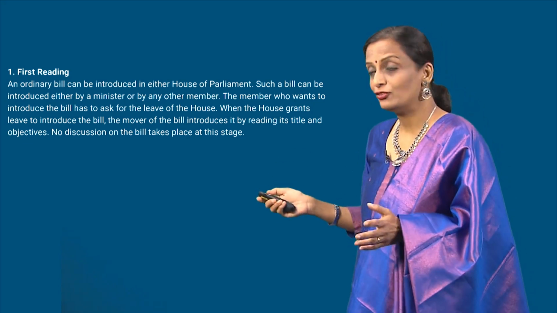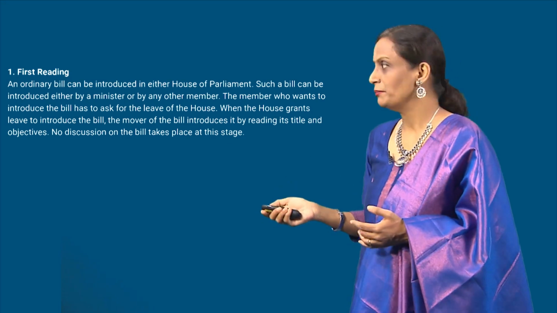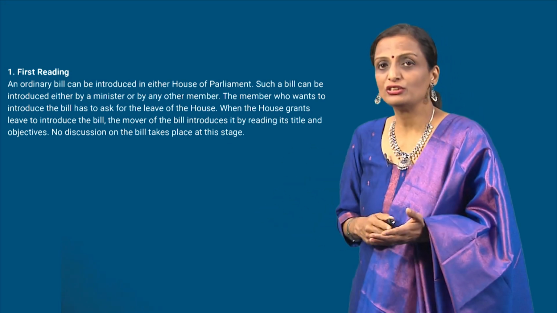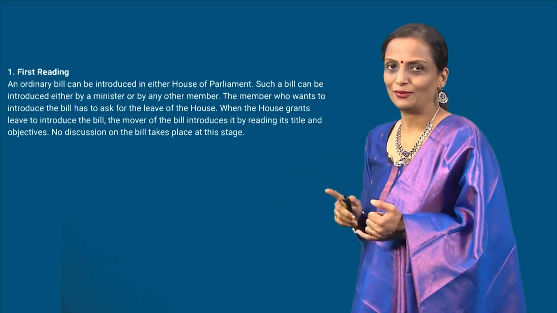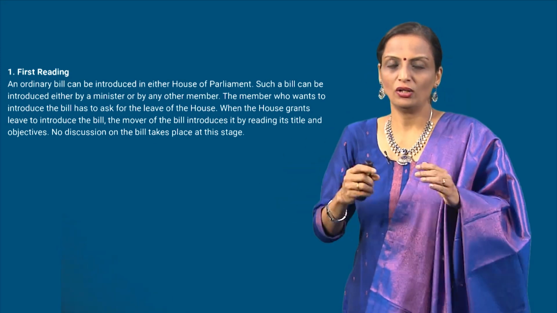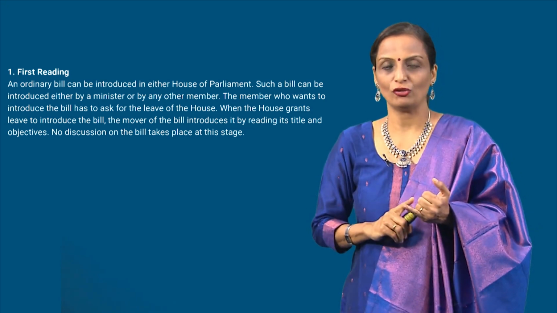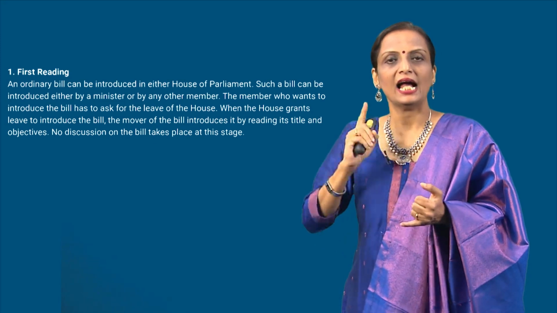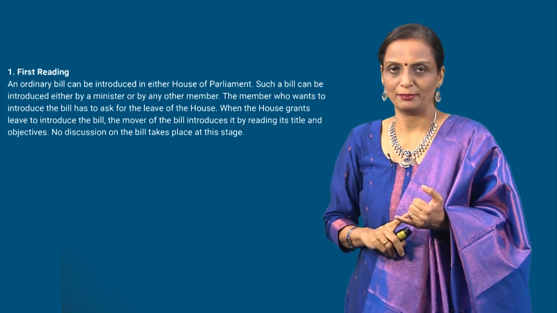Such a bill can be introduced either by a minister or by any other member. The member who wants to introduce the bill has to ask the leave of the house. So, an ordinary bill will have a first reading as the first point for the enactment, and it can be passed both in the Lok Sabha or in the Rajya Sabha.